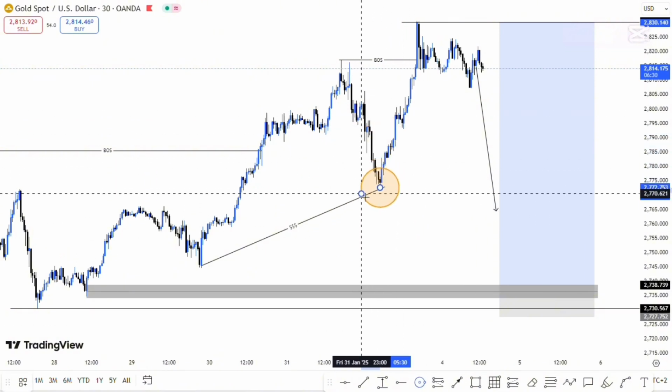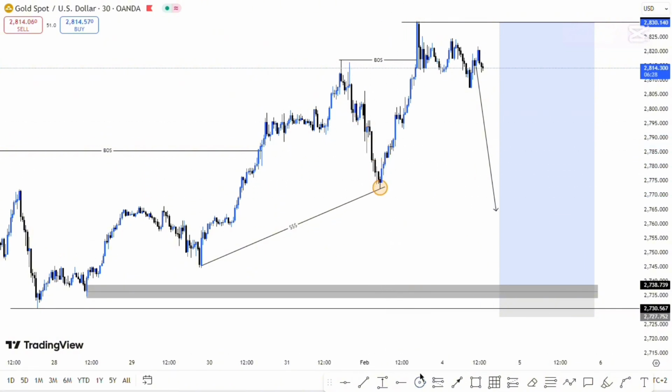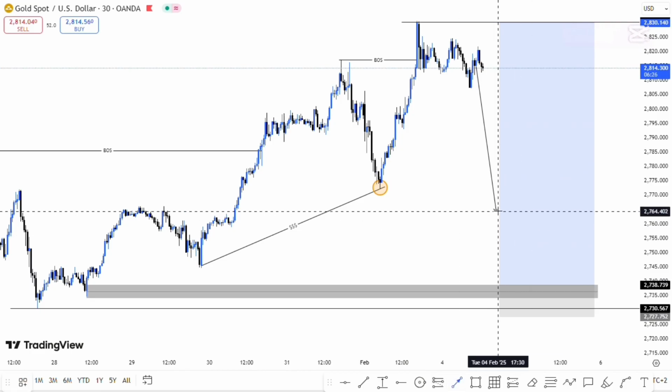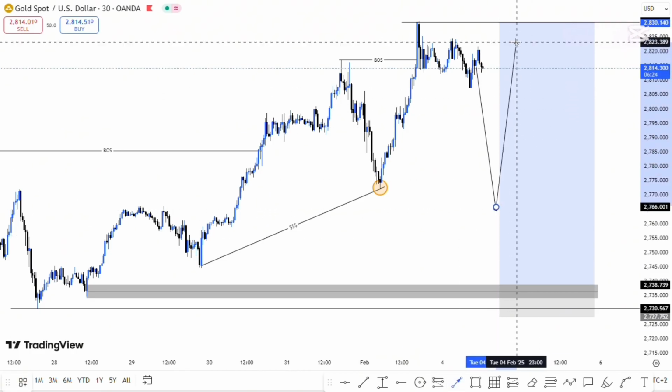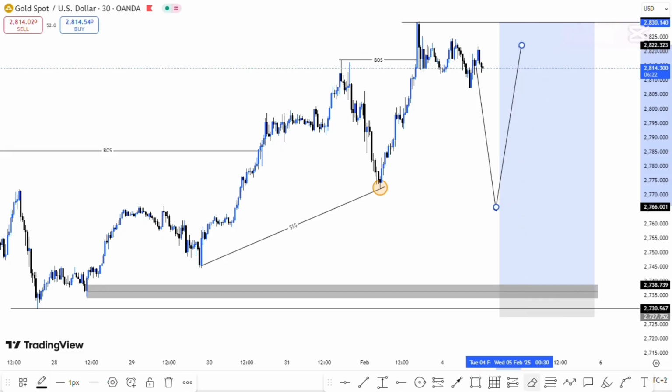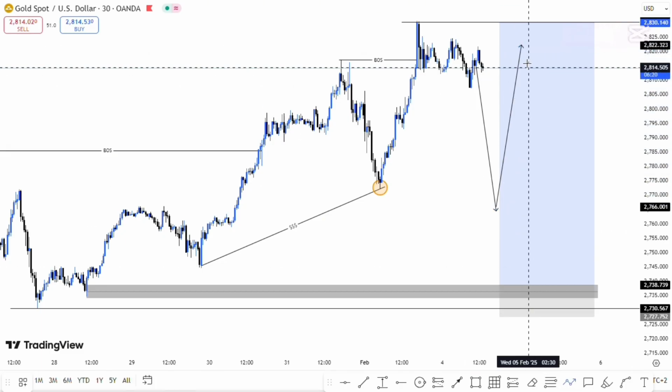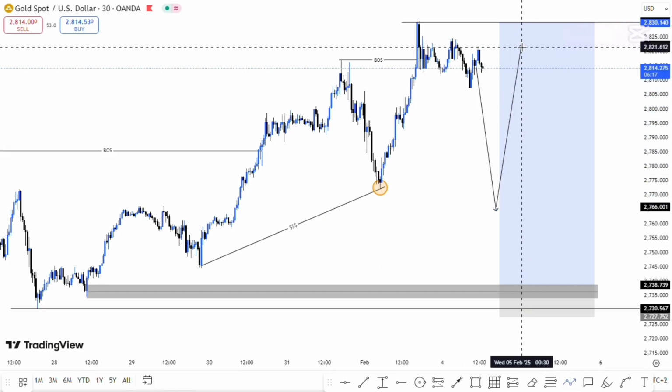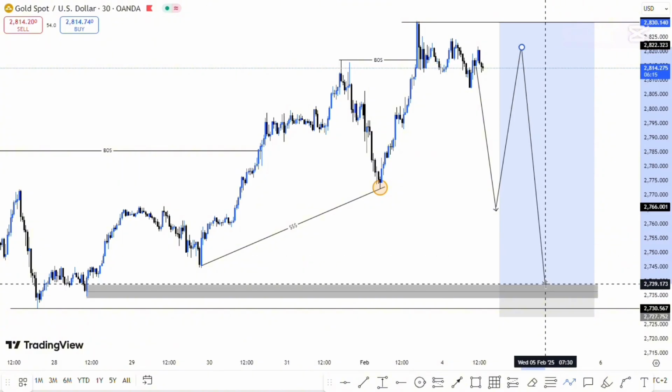Once this low is broken, we can wait for a correction to the upside to the origin which caused the break of structure, and then we can sell from there, targeting this order block we have right here.